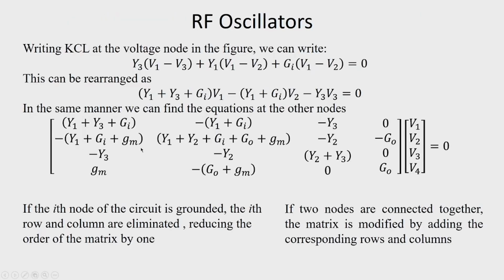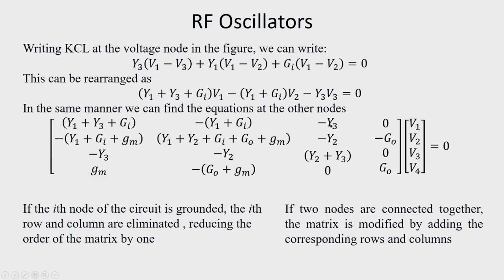So, if we now refer to this matrix, when V2 equal to 0, this second row and this column will be eliminated, and when the nodes 3 and 4 are connected together, and also we have G_0 equal to 0, then if we add these rows and columns, essentially these values will not change.